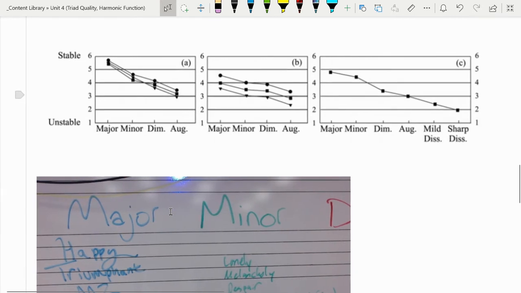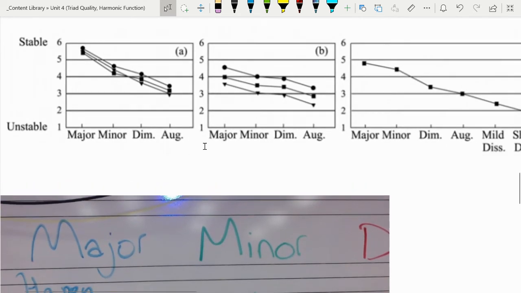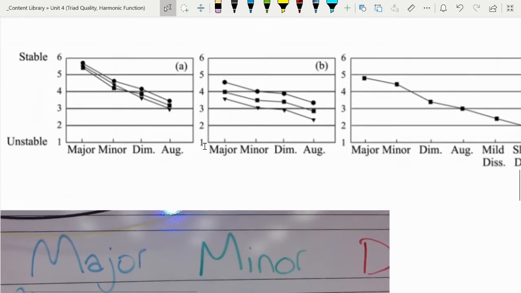Those intervals, when we put them in the context of major, minor, diminished, and augmented triads, mean certain chords sound more stable, like the major and minor. Minor is a little darker, and we tend to hear those frequencies as slightly less stable than major.